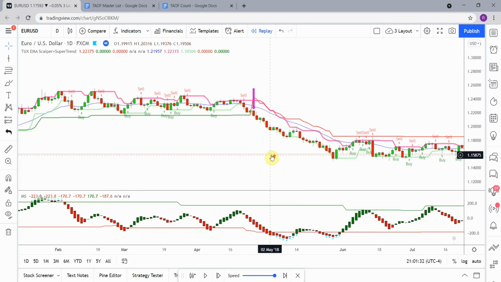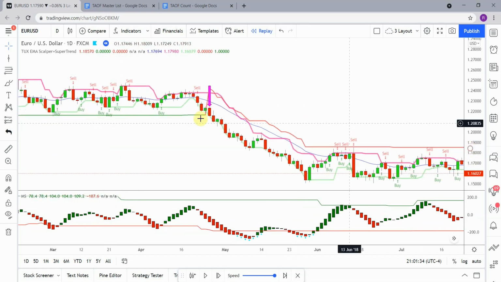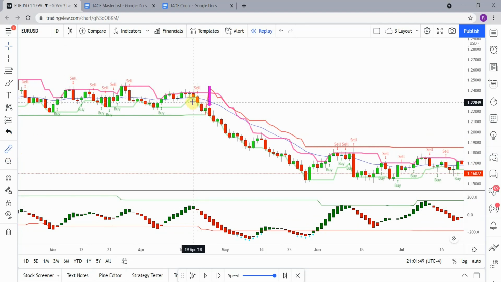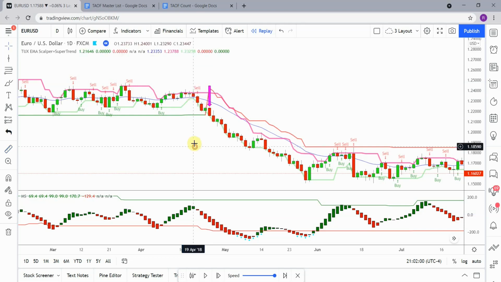Let's take a look right here. I'll zoom in a bit more so that you can see this sell signal takes place right here, and you can see a small red candle also accompanies it. Now the stop would be, and I used the body, I did not use the wick, just to make it a little bit easier, 10 pips beyond. We're at about 55, so we'll say 65 pips would be our stop.